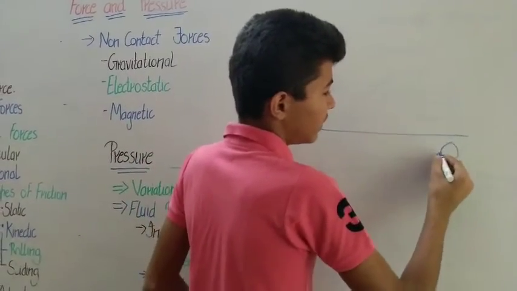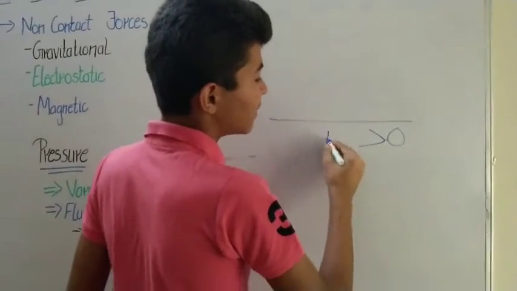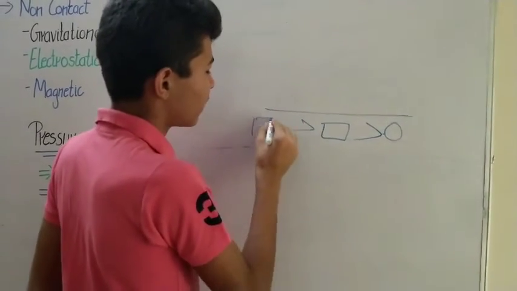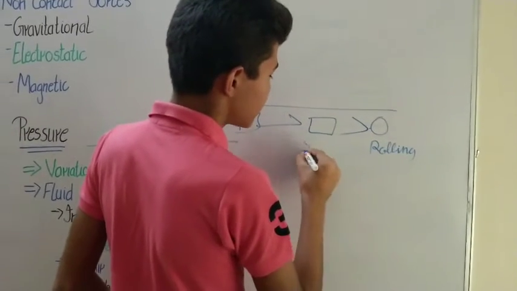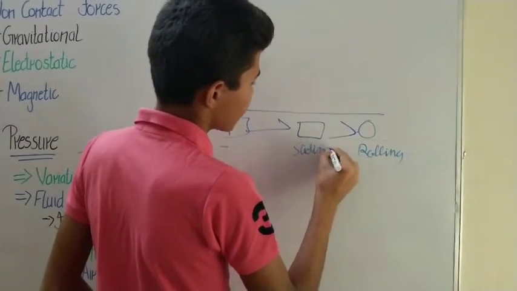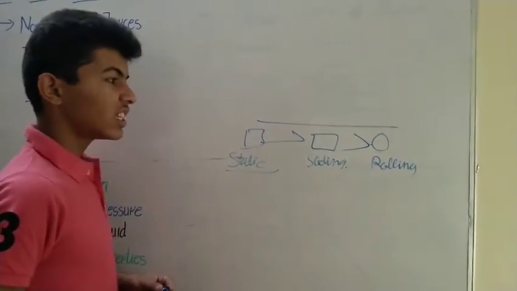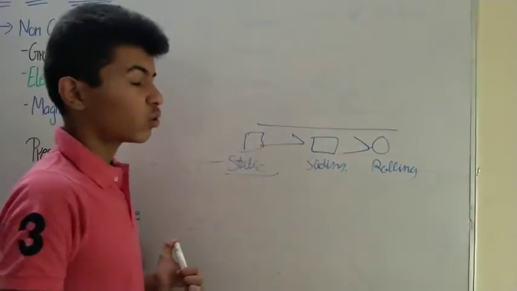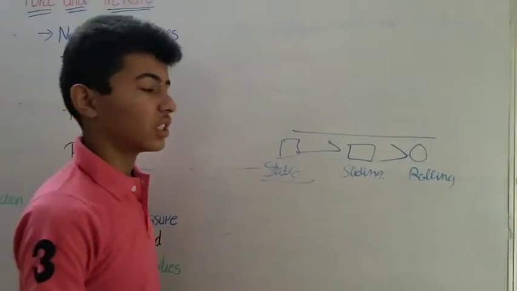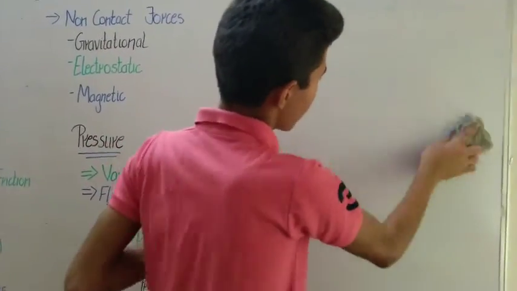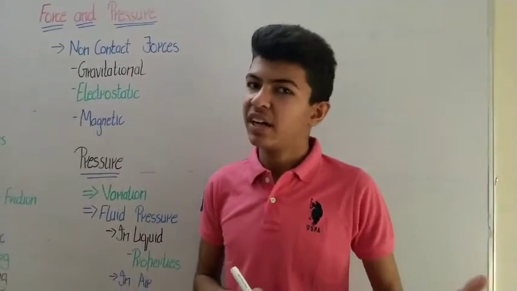So in this case rolling friction is the least, then we have sliding friction, and then we have static friction. So this is the magnitude of the forces which is applied. You have to push harder against static friction compared to rolling friction. And for a competitive approach, static friction is also known as limiting friction.